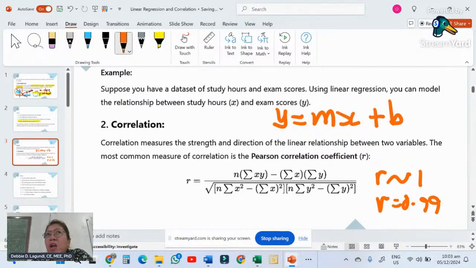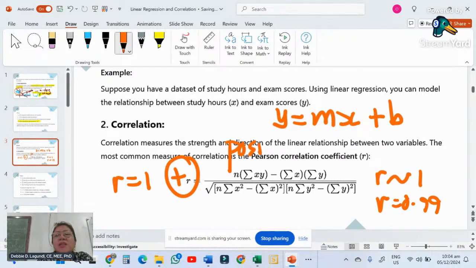Oh, by the way, r is always expressed in decimal. When r is equal to 1, of course, they are very strongly correlated. Nonetheless, if your r is positive, the strongest is 1, and it reduces as the r decreases in value. But even if it decreases in value, for as long as it's positive, there is a positive relation.